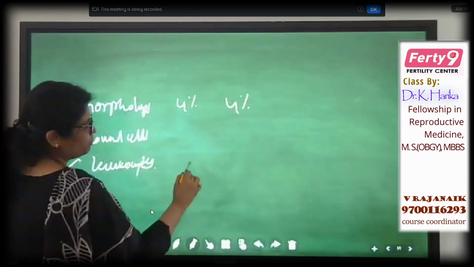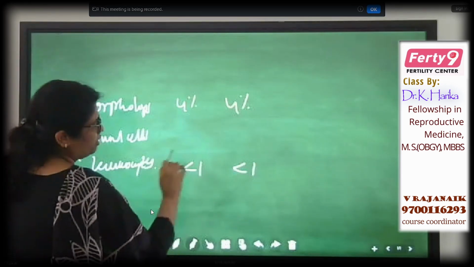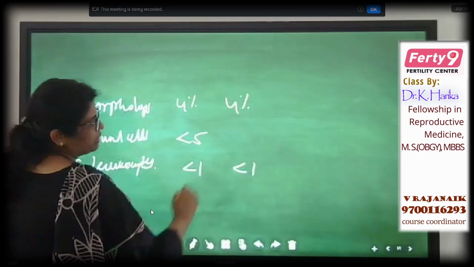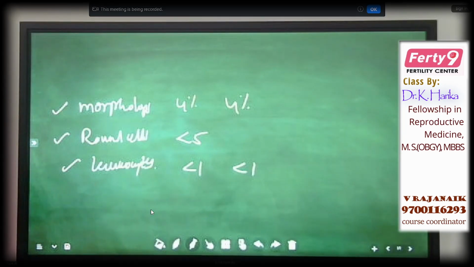The concentration should be less than 1 million in both, and round cells should be less than 5 million. So the most importance is given first to volume, second to concentration, third to motility, fourth to morphology, and fifth to round cells, leukocytes, and so on.